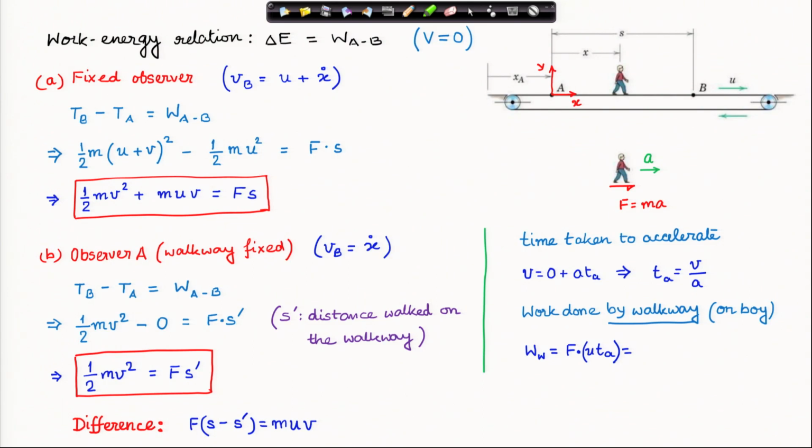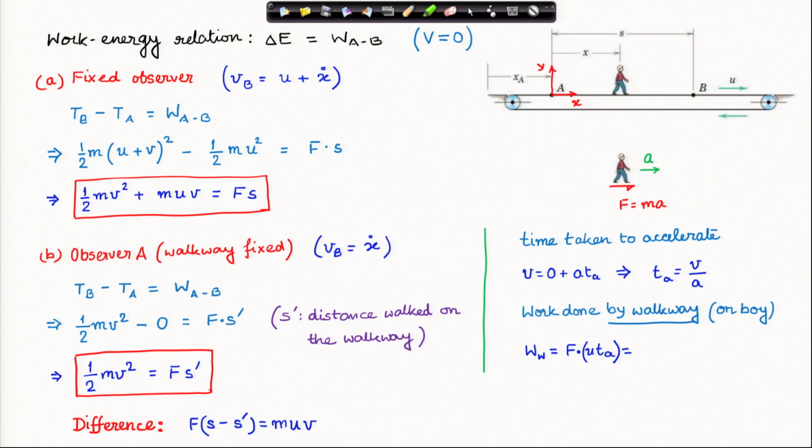This work must be F times the distance travelled by the walkway in that time, because this force is acting between the boy and the walkway. This force acts for as long as the boy is accelerating.